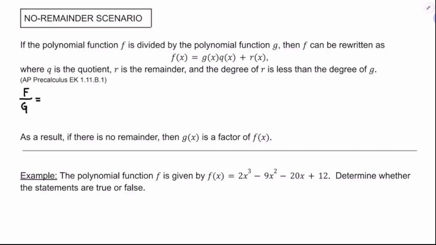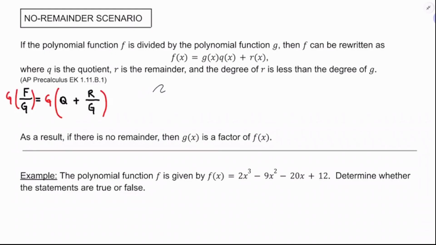When we did that long division, we got the quotient, which ended up being the slanted asymptote both times. Plus, there was some sort of remainder that went over the original divisor, the thing I was dividing by. But what I'm going to do is multiply both sides of this equation by g.